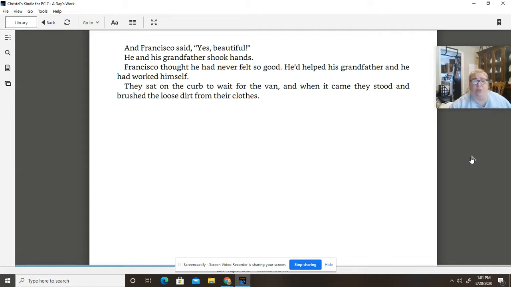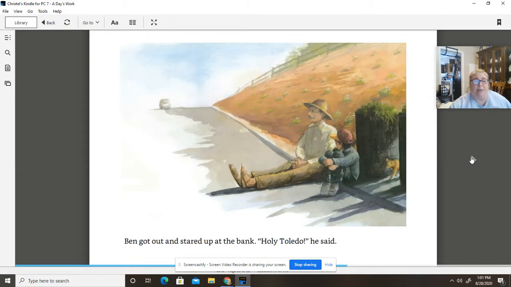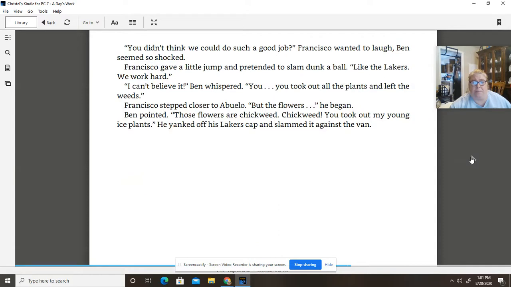dirt from their clothes. Ben got out and stared up at the bank. "Holy Toledo," he said. "You didn't think we could do such a fine job," Francisco wanted to laugh. Ben seemed so shocked. Francisco gave him a little jump and pretended to slam dunk a ball. "Like the Lakers, we work hard."